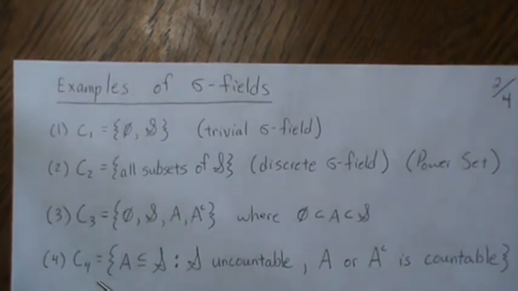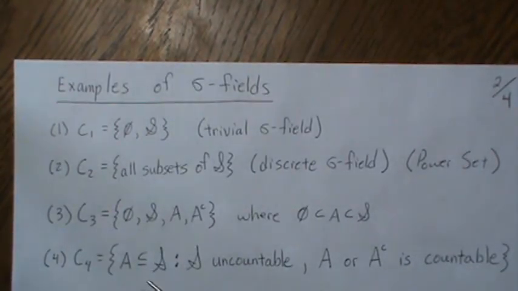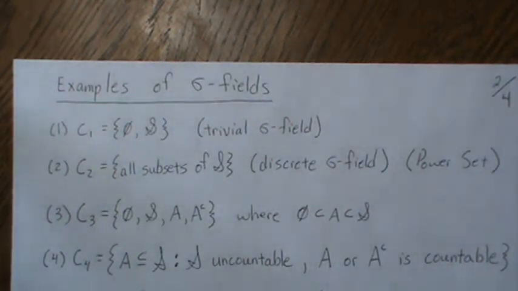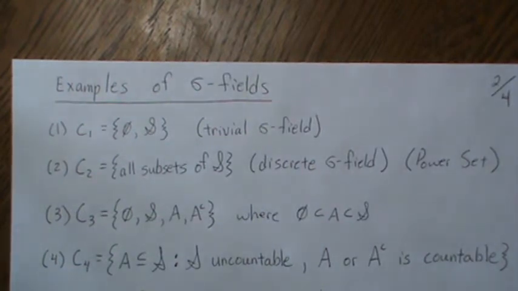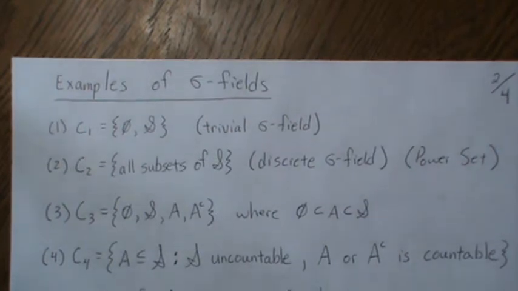And class 4 is if S is uncountable, so infinite, we want all the sets A such that A or A complement is countable. And this is a sigma field. And we're going to prove that because it's going to help us in later videos.